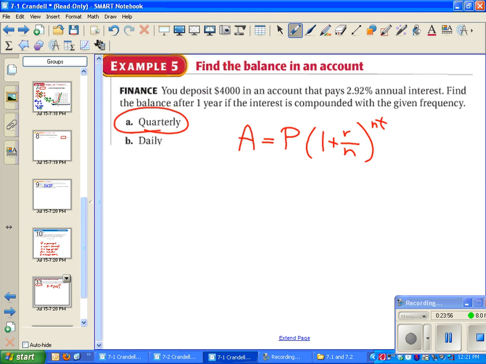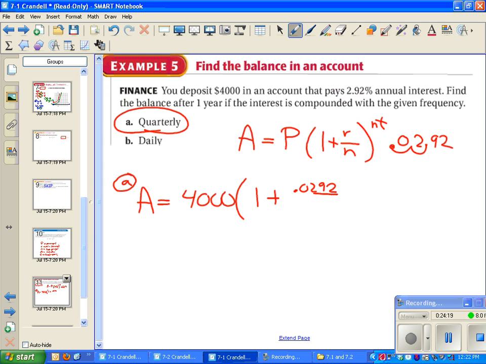Okay. So for quarterly, that would be 4 times per year. Our principal is 4,000. And then this is 1 plus our rate. Let's see, this is 2.92%. So we're going to move over the decimal twice. So our rate would be 0.0292. N is 4. And then we're going to leave it for 1 year.